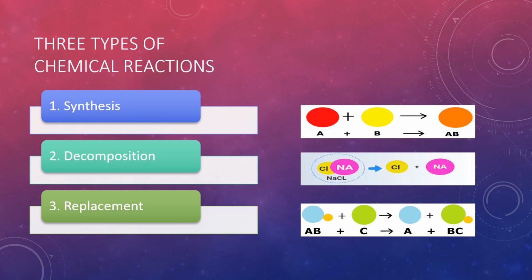Decomposition reactions occur when compounds break down into simpler products. In a replacement reaction, one element replaces another element in a compound. This is called single replacement, or when two elements in different compounds trade places, this is going to be known as double replacement reactions.